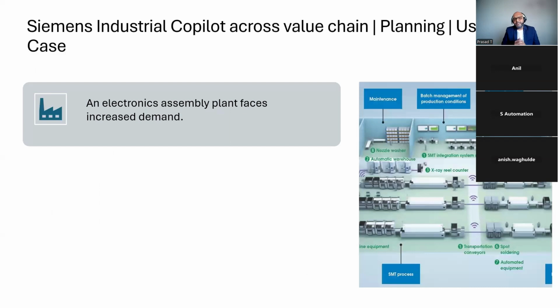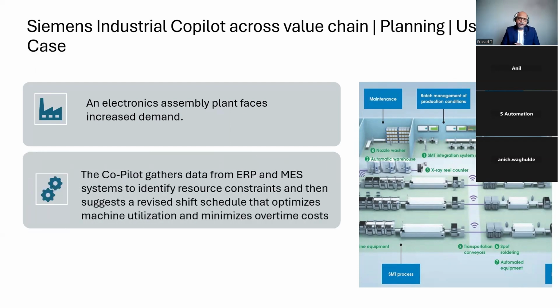One use case is an electronic assembly plant that has a sudden increase in demand. Once we send the query to Copilot, it will be connected to MES and ERP, gather the planning and scheduling related information, and then suggest how the shift planning needs to be done so that the increased demand requirement can be met.